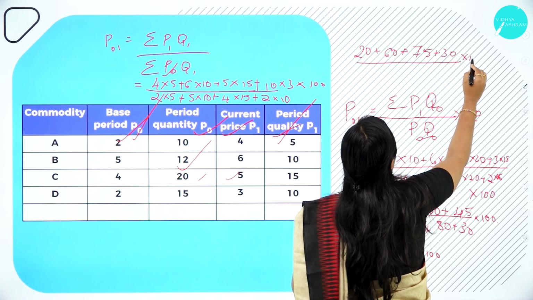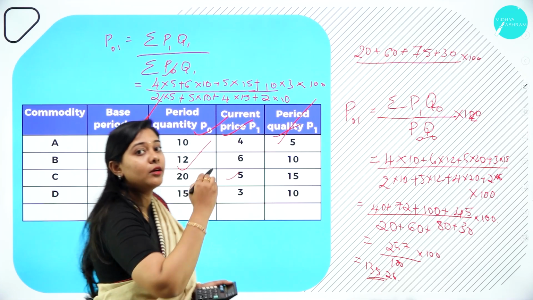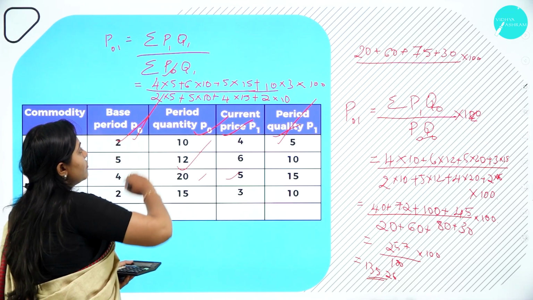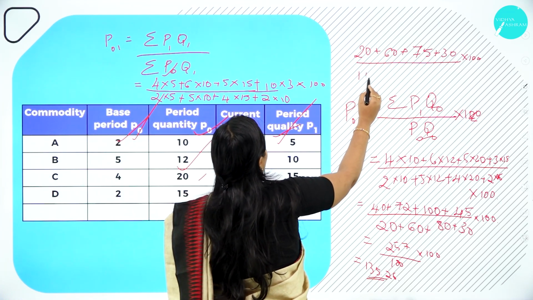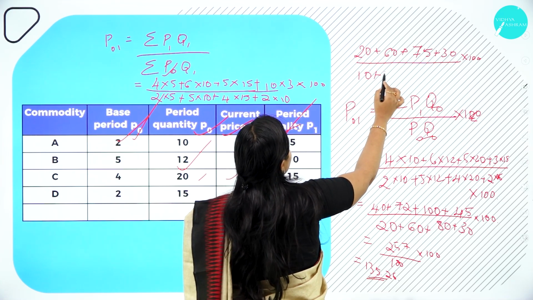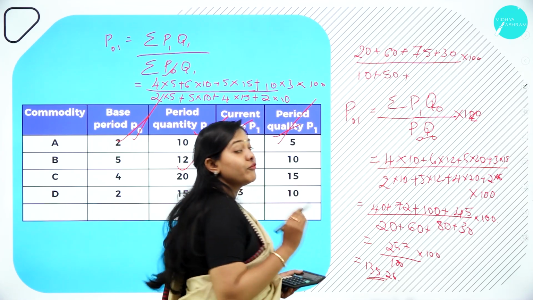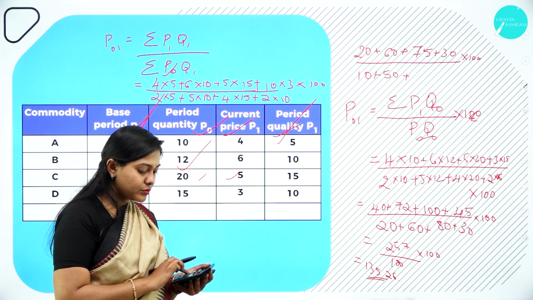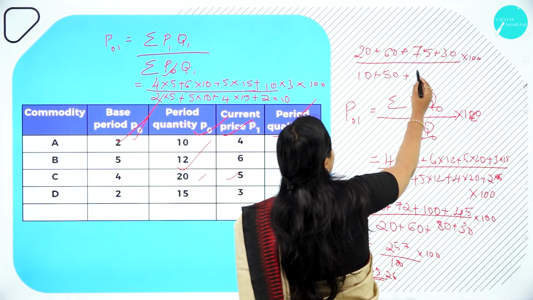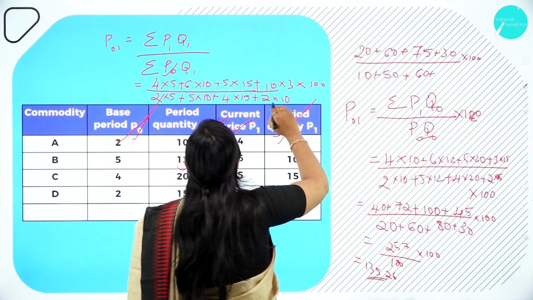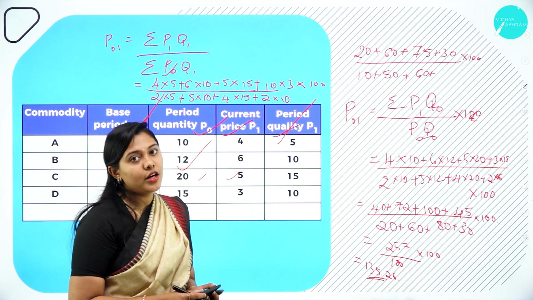What is the base period price? We have 5 2s are 10, plus 5 10s are 50, plus 15 4s are 60, plus 2 10s are 20.